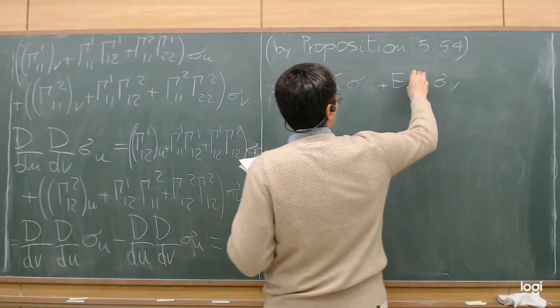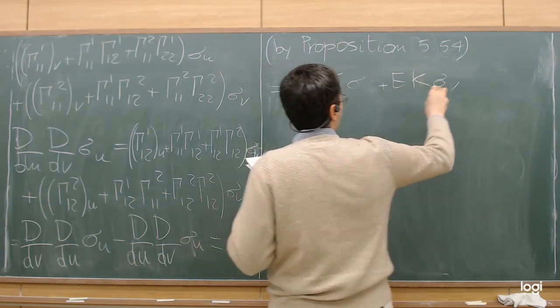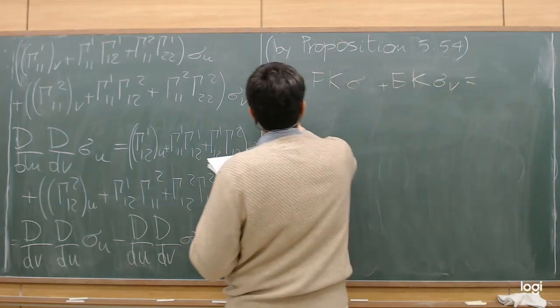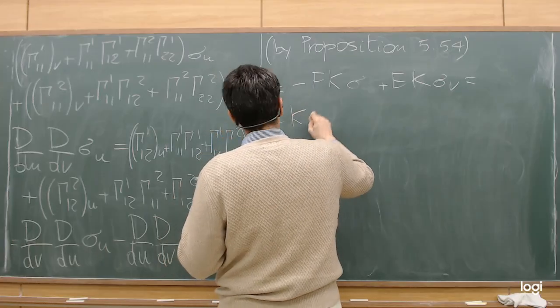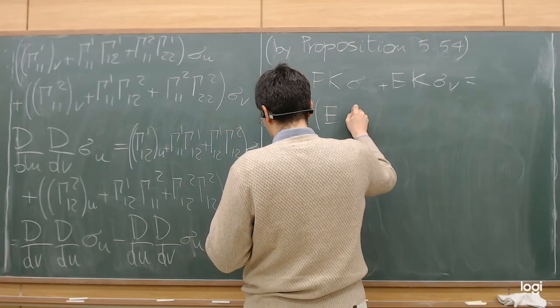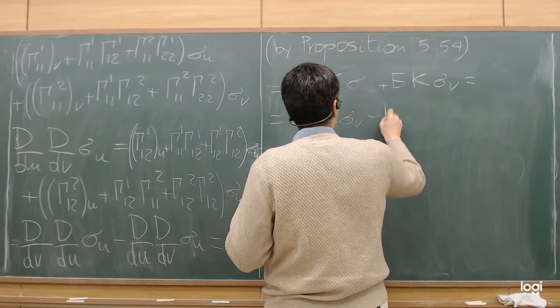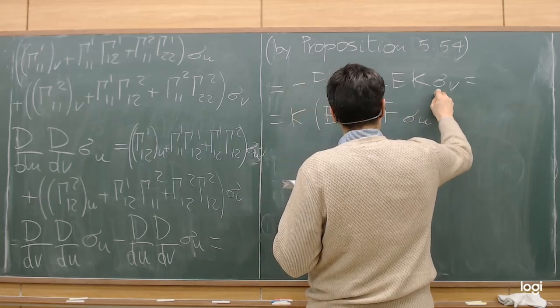Then I factor out K, and I get K times the quantity E sigma v minus F sigma u.